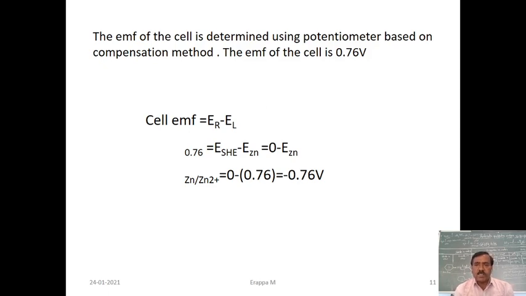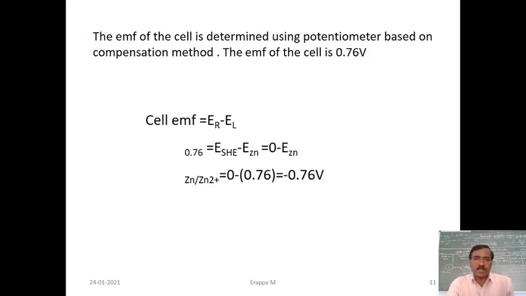The standard electrode potential of the hydrogen electrode is taken as 0, minus E of zinc. So E0 for Zn|Zn2+ is equal to 0 minus 0.76, that is minus 0.76 volts. This is how the E0 value of zinc is determined.